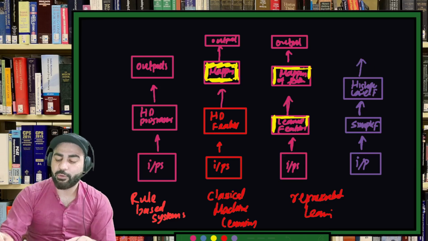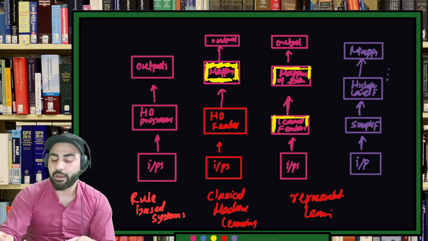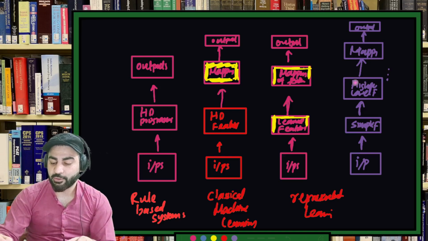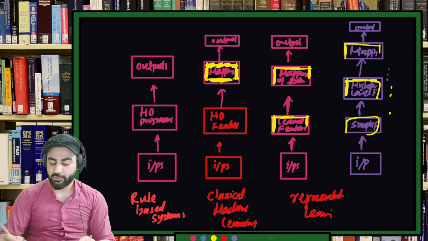And then we learned a lot of higher level features, and at the end we learned the mapping of these features to output. So this thing is learned, this thing is also learned, and this thing is also learned, and there can be a lot of layers. This is our deep learning approach.